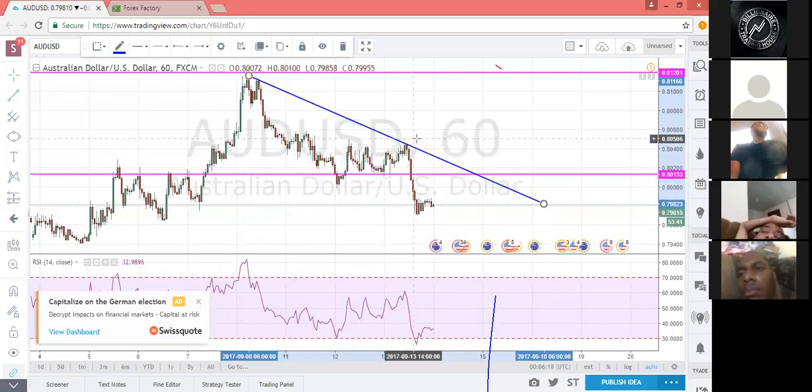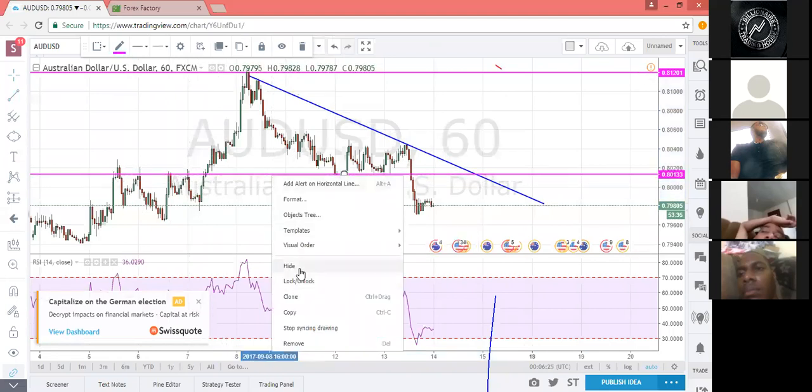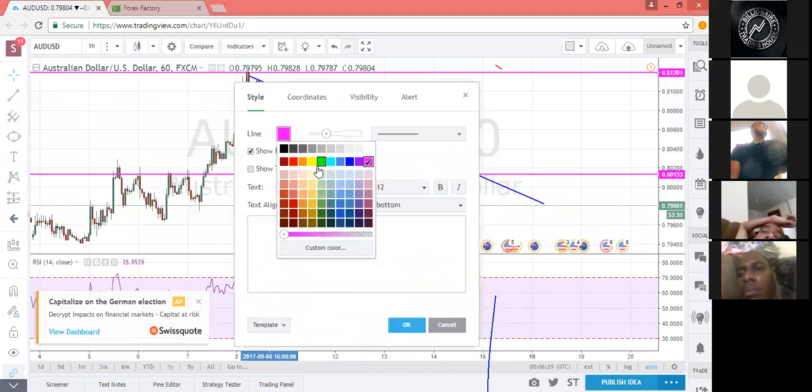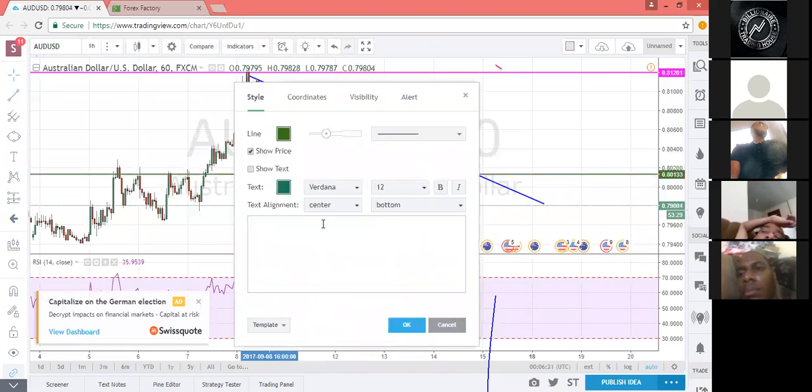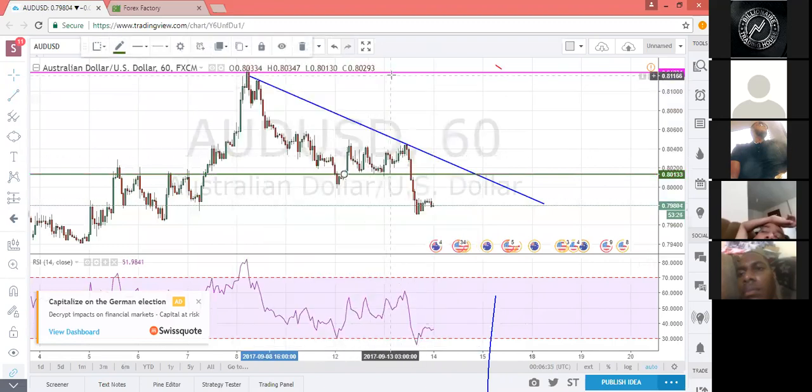So having identified this downtrend, having identified a particular level of support, what I could do, I could change the color to maybe make it a little more approachable. I could turn it into green. So let's say green is support and red is resistance, right?